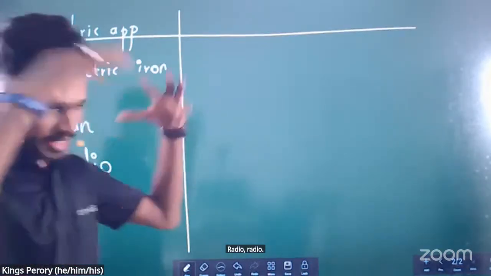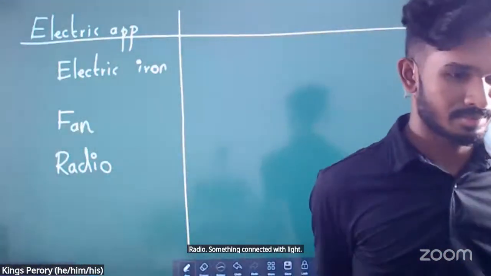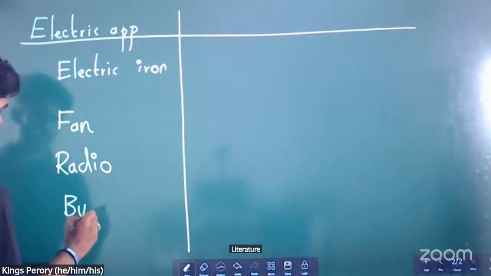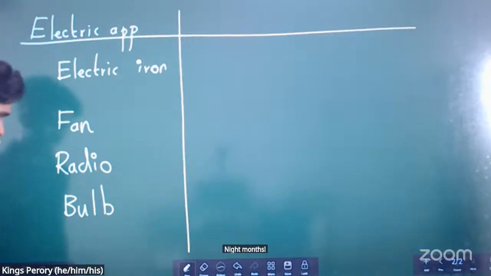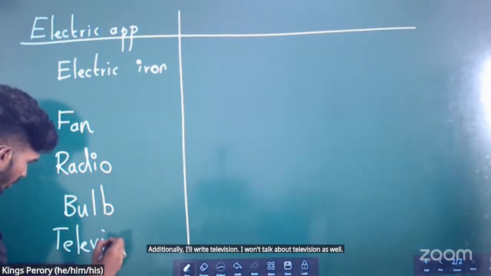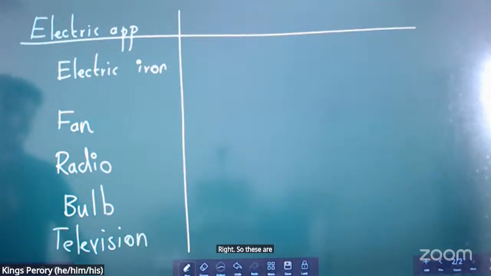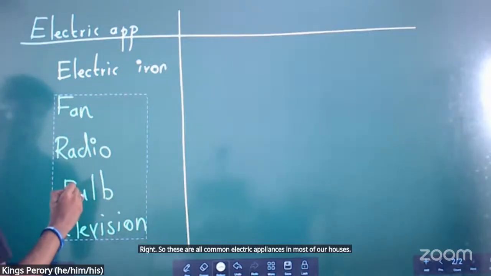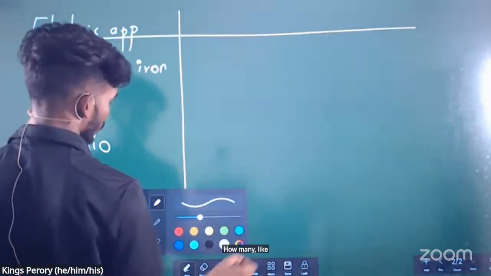Something connected with light: bulb. Additionally, I'll write television. Right. So these are all common electric appliances in most of our houses.